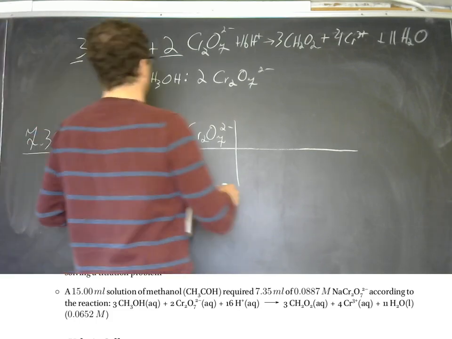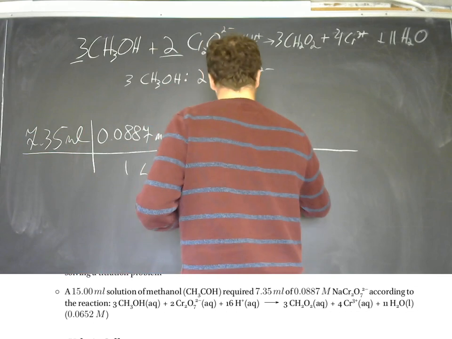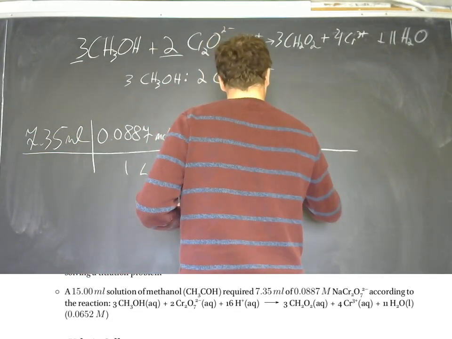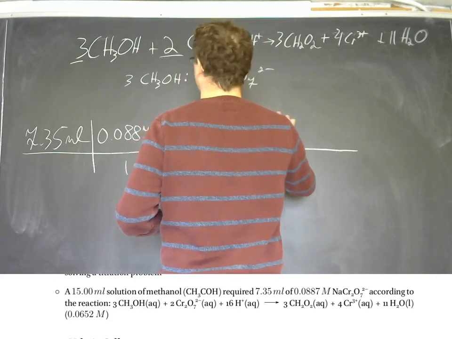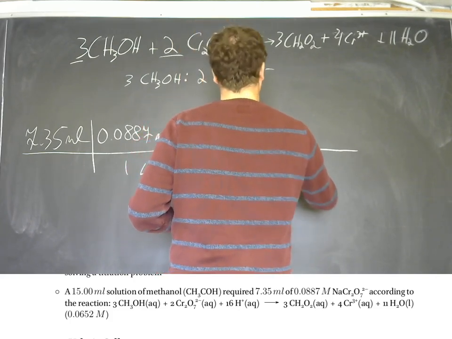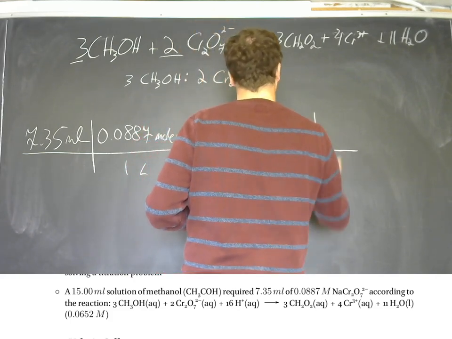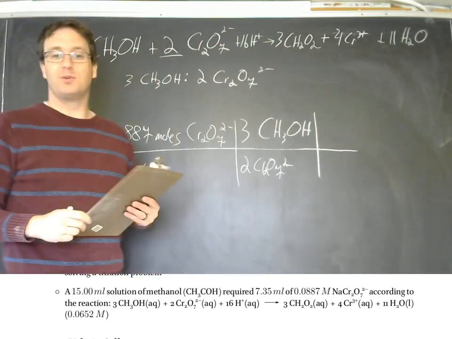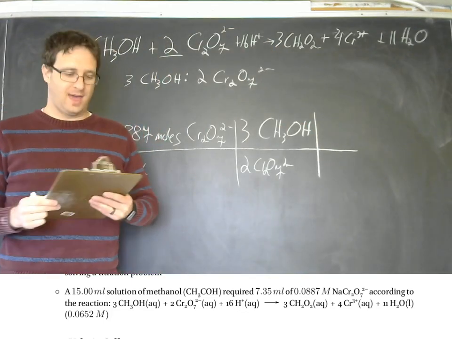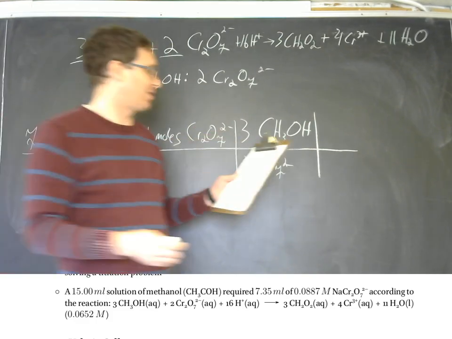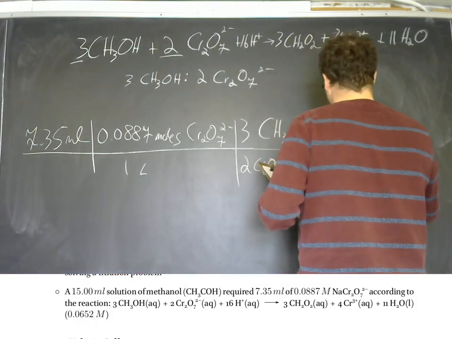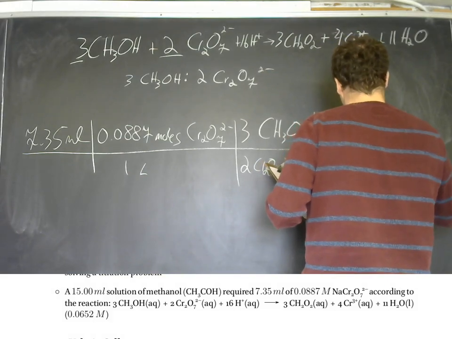And I know that 2 Cr2O7 2- is 3 CH3OH, and that gives me moles of methanol, and we'll divide that by the initial volume of the methanol, which is 15.00 milliliters.